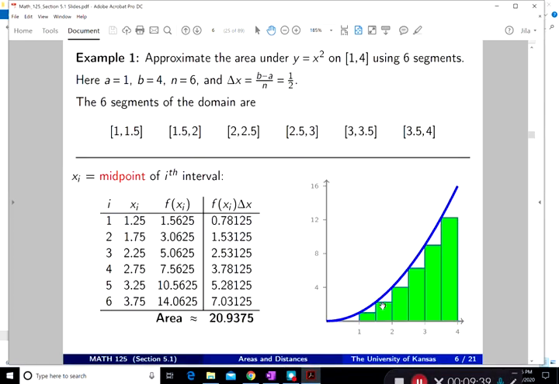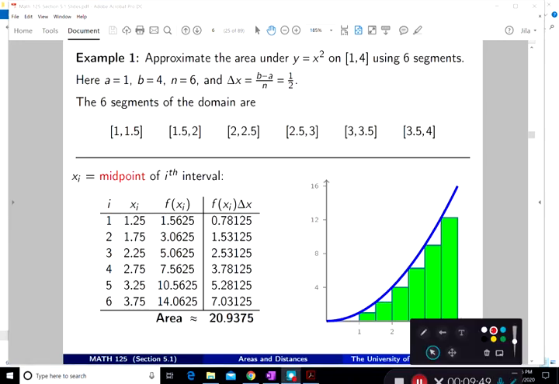Now, what about the midpoint? What is a midpoint? Look at each interval. The first interval is 1 and 1.5. So the midpoint for that one is going to be 1.25. The second one, the midpoint, is going to be 1.75. Now you see the pattern, because midpoints are going to be 0.5 away from each other, and this one is 2.25, this one is 2.75, and so on and so forth.